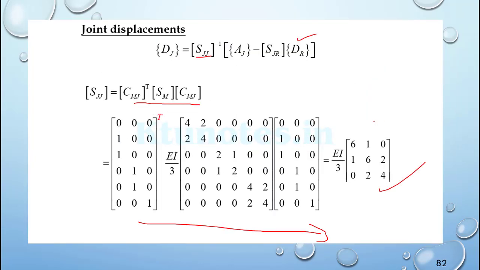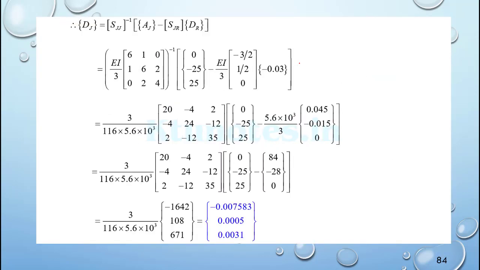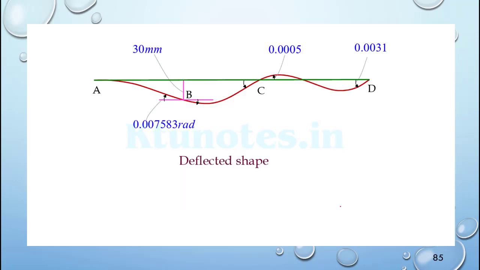Hence Dj is the joint displacement, applying all these values. Dj is equal to Sjj inverse into Aj minus Sjr into Dr, and going through a long equation, the value is minus 0.007583, 0.005, and 0.0031 as the joint displacement.